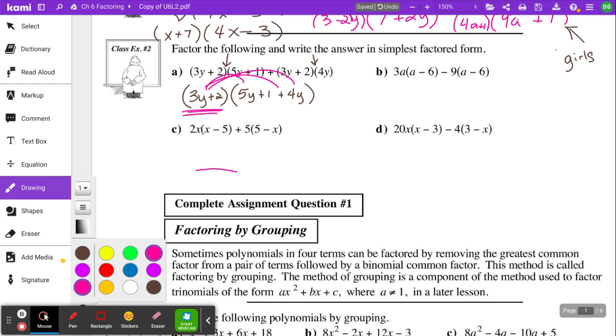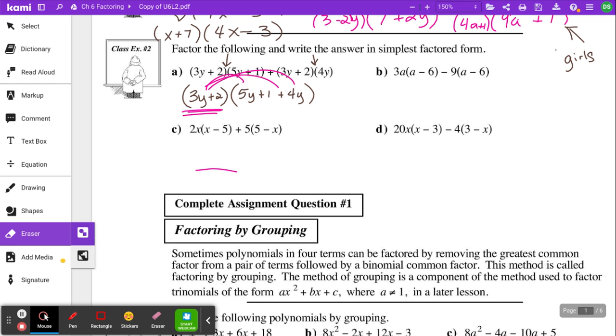Yes. Now we're not done. But do you understand that first step? Do you see how 3y plus 2 was multiplied in the first step by that 5y plus 1? And it was also multiplied by 4y. Do you see how that happened in the first go-round? Okay, so now, I can do this a little bit better. I can write this a little bit nicer, so I'm going to.